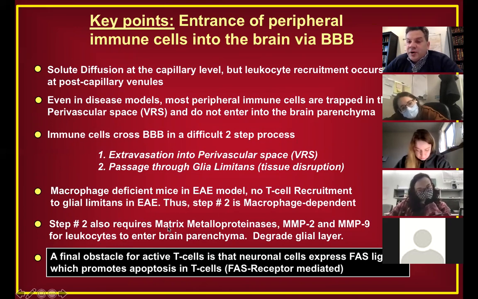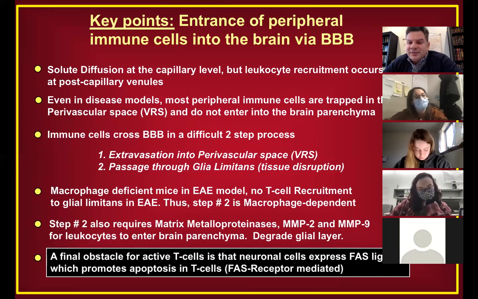Step 2 requires matrix metalloprotease. So if you knock out some of these matrix metalloproteases in these monocyte macrophages, you don't get EAE because the cells can't get into the parenchyma. And one final obstacle to remember is that even when T cells are in the brain parenchyma, neurons do not like them there and try to kill them. If you get enough of them in there, they're going to overcome that problem.